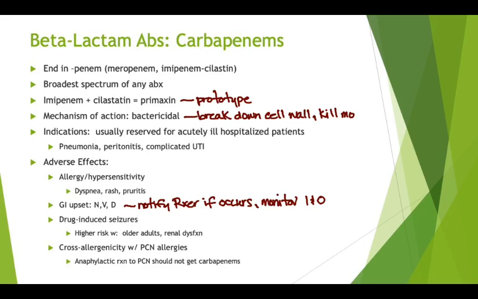And any cross allergies with penicillin, anaphylactic reaction to penicillin, should not get your carbapenems. And that's just because, again, they have the cross sensitivity, so you don't want to put them at risk for that type of reaction as well.